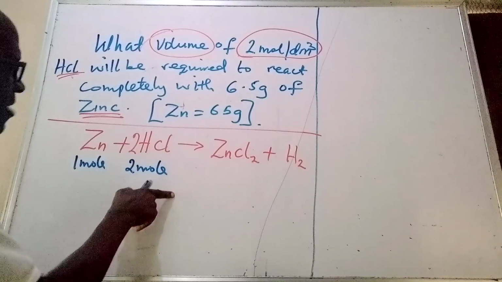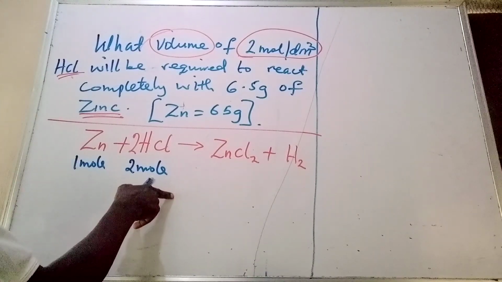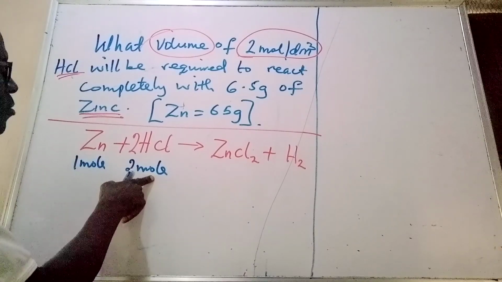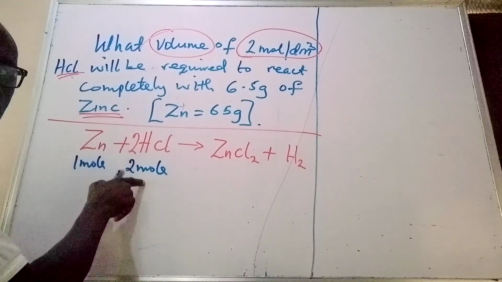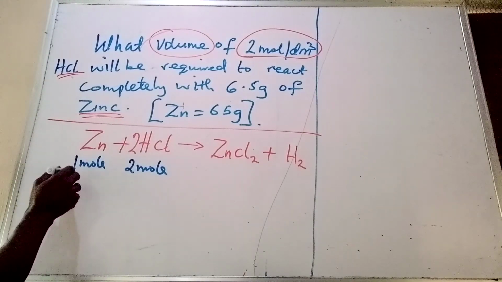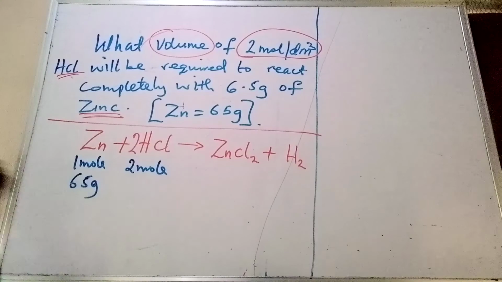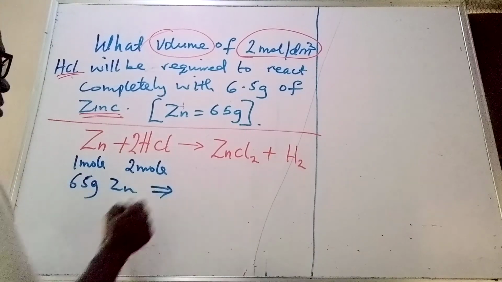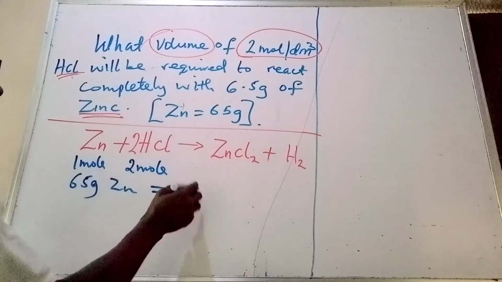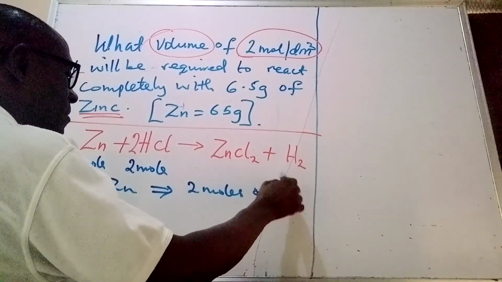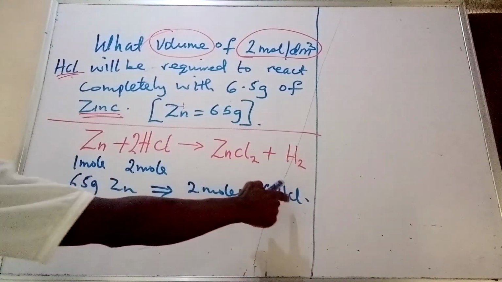So according to this reaction, 1 mole of zinc reacts with 2 mole of these two. But 1 mole of zinc is equivalent to 65 grams. That means 65 grams of what? Zinc will react with what? 2 moles of HCl.